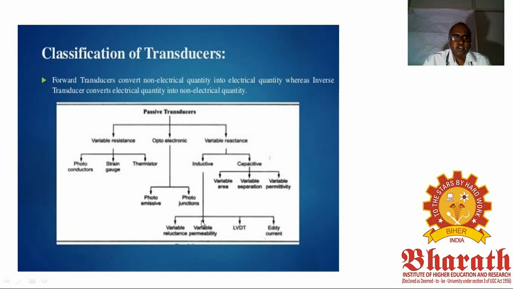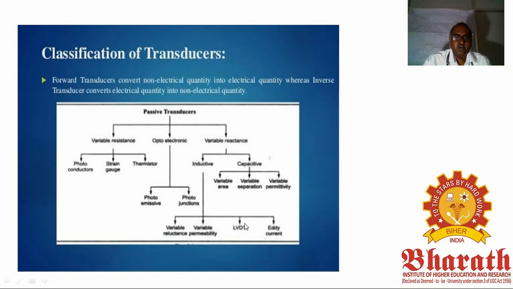So the inductance can be varied by varying any one of these parameters, like the length of the magnetic path or the area, which will contribute to the variability of reluctance. Similarly, the permeability may also vary and produce the effect of variation in inductance.